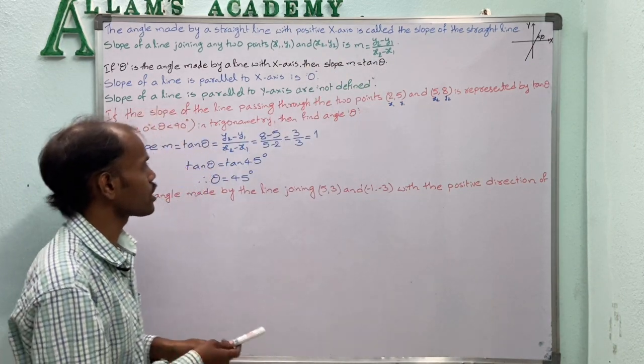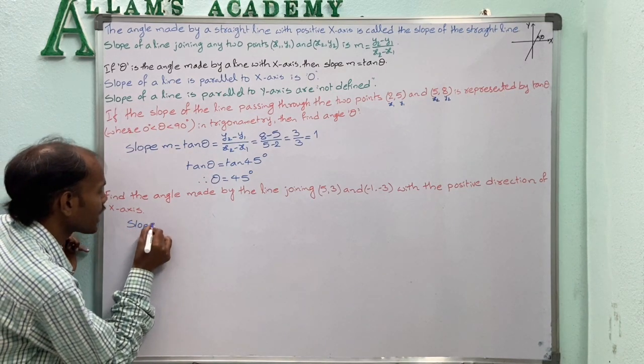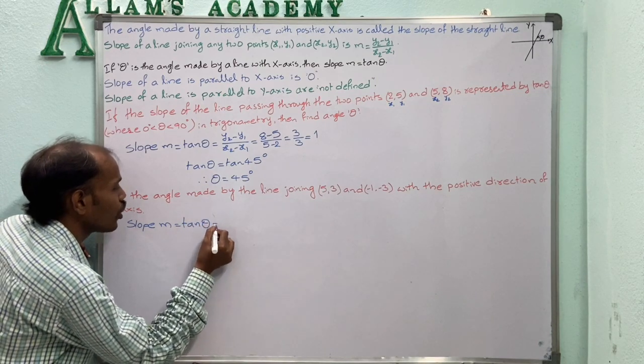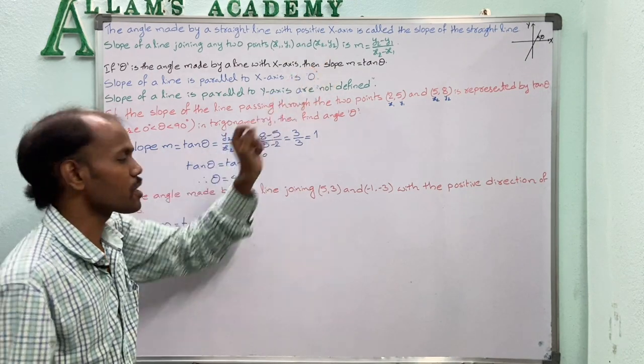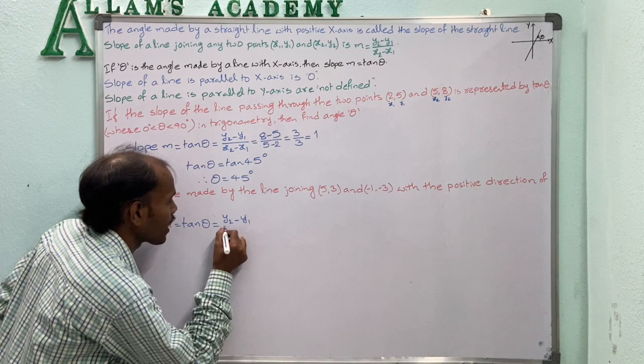The theta value we don't know, so we find the theta value through the principle y2 minus y1 by x2 minus x1.